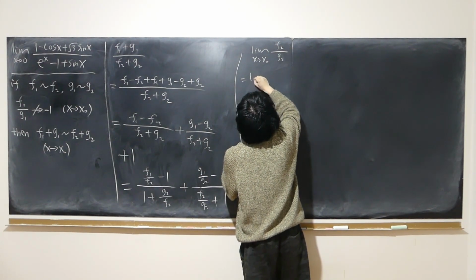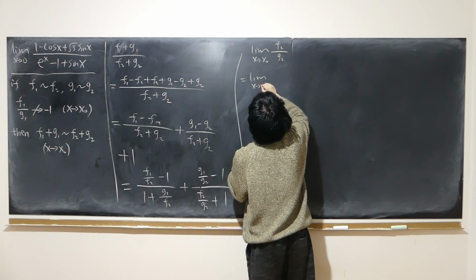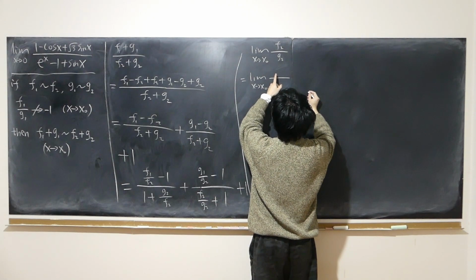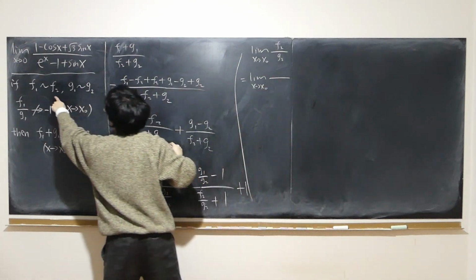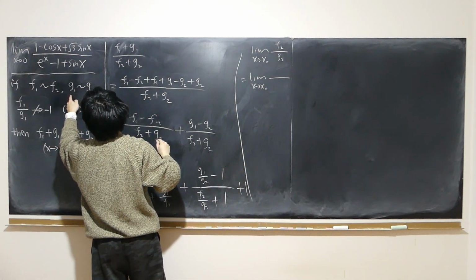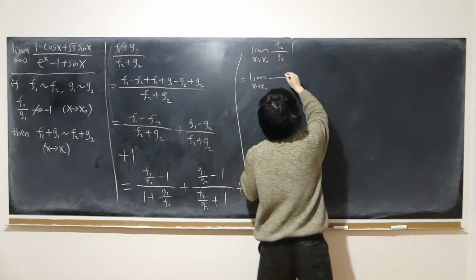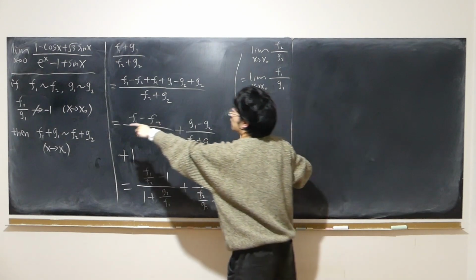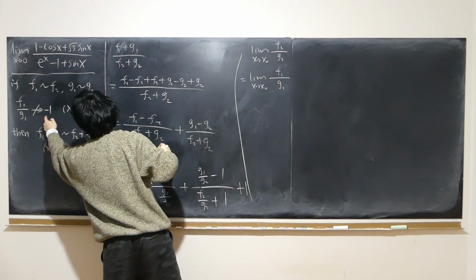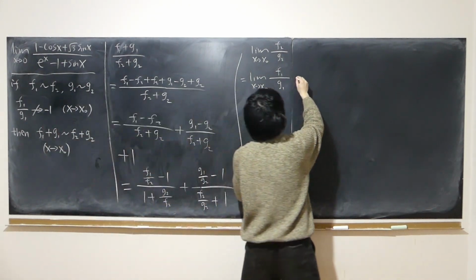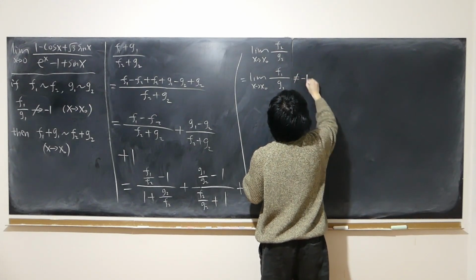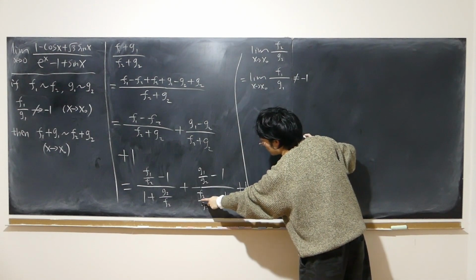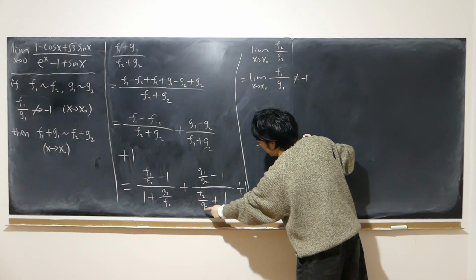all we have to do is work out the limit, like I said, by equivalent substitution. f2 is equivalent to f1, g2 is equivalent to g1. So f1 over g1 does not equal negative 1, meaning this cannot approach negative 1.